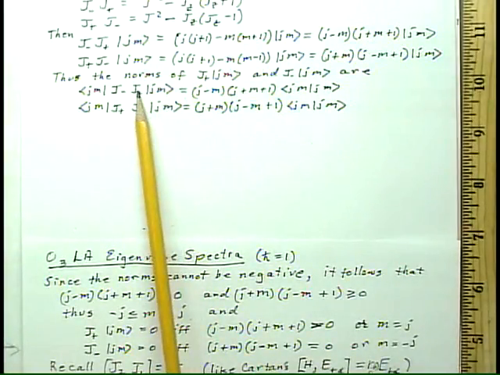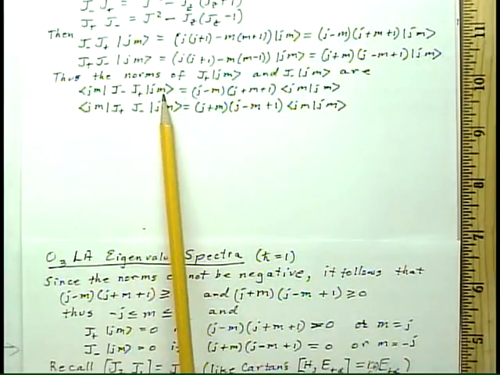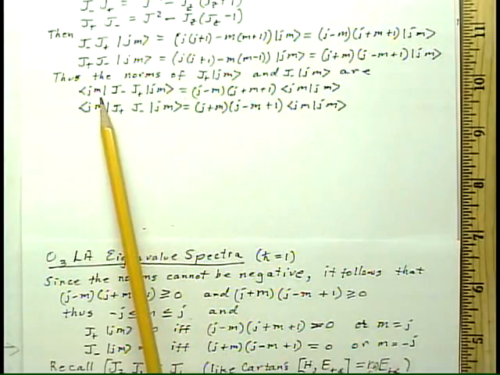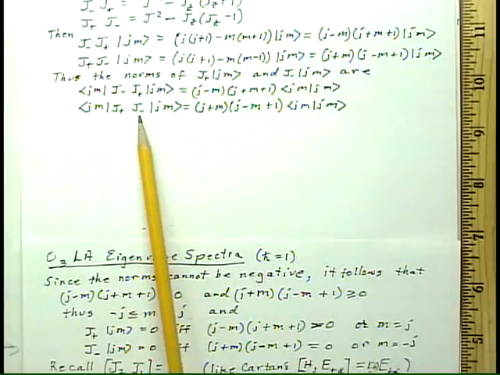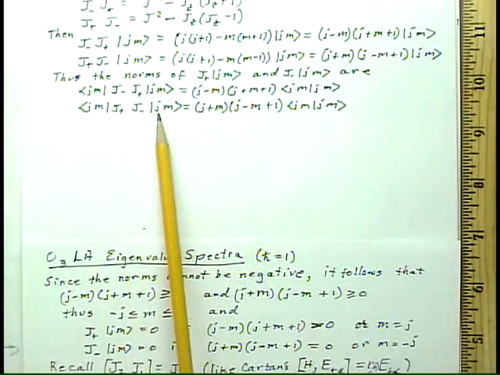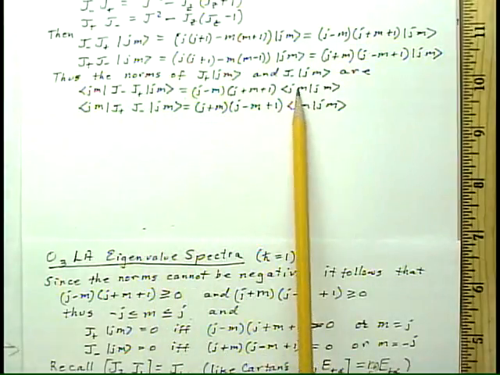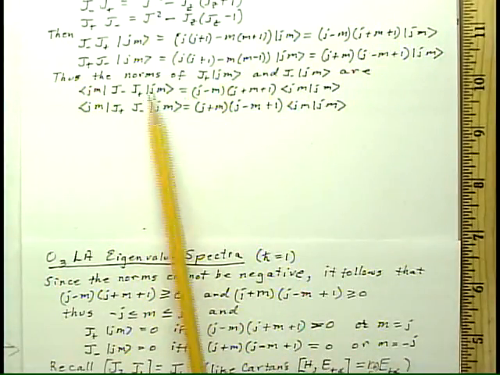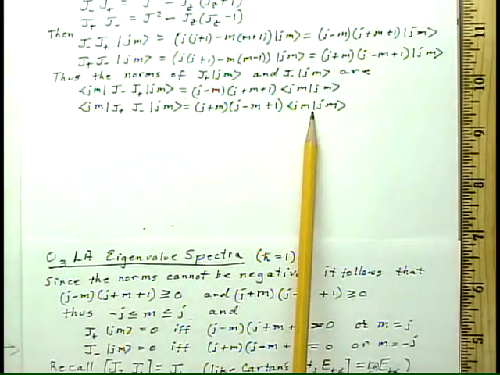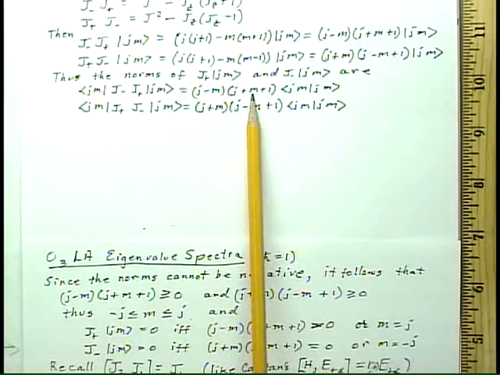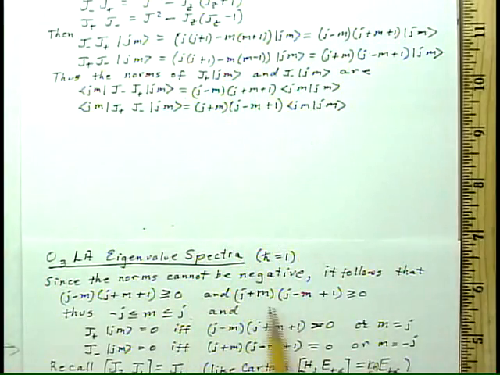Since this is the norm of the vector J plus |jm⟩ multiplied by its own dagger, and this is the norm of the J minus |jm⟩ vector, and here's a norm here, and here's a norm here. This is greater than or equal to 0 for both cases. Therefore, it follows that this must be greater than or equal to 0.